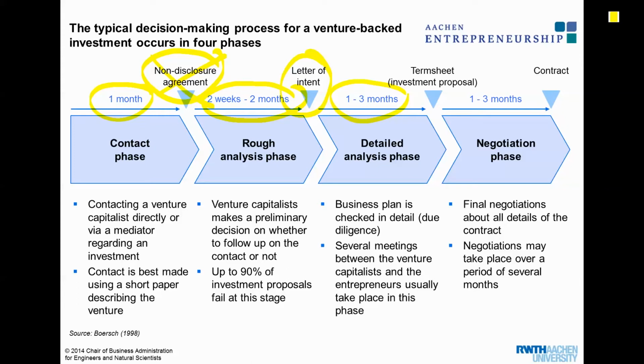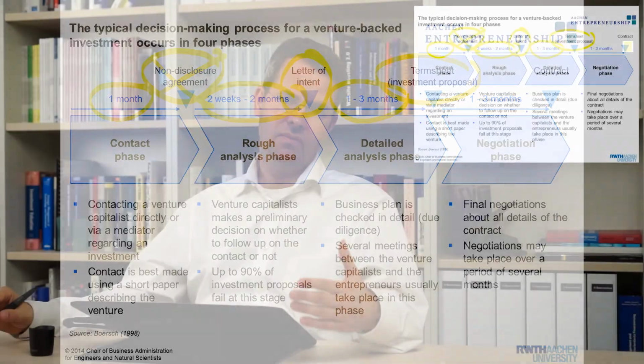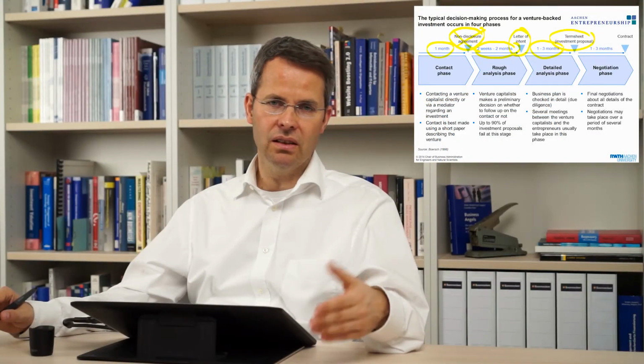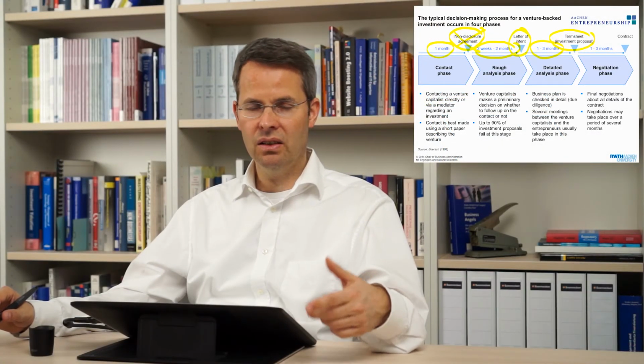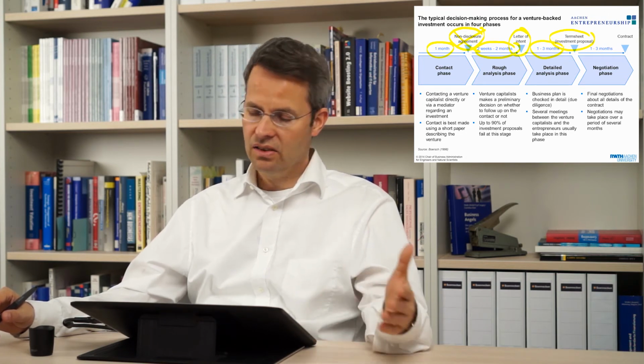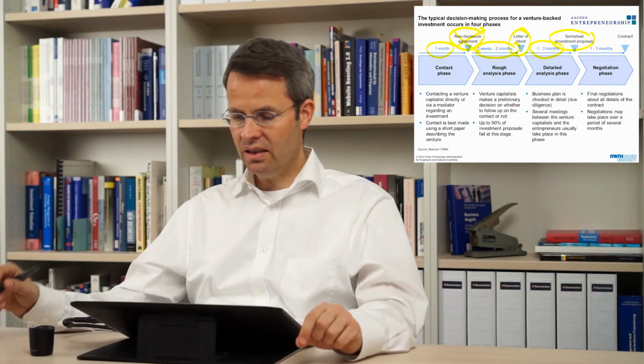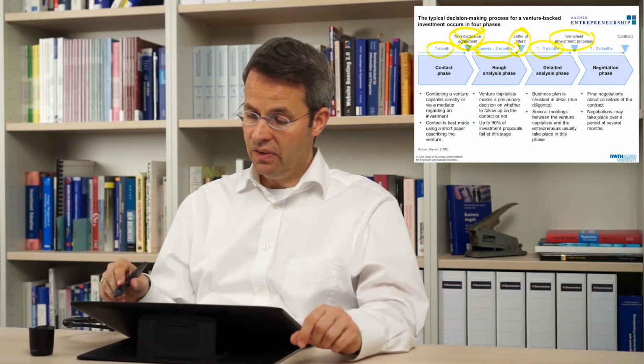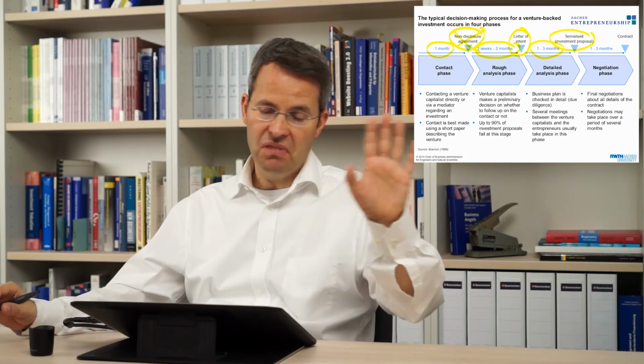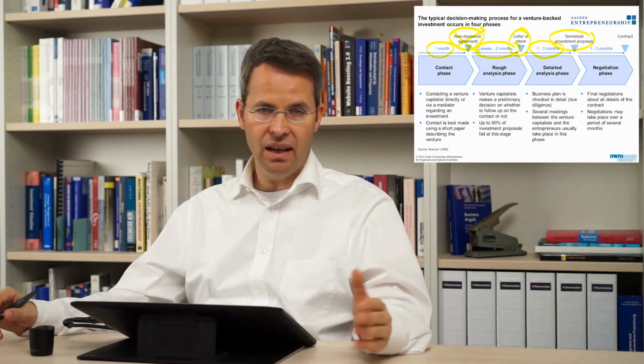And then if the venture capitalist is still interested, he's going to give you a term sheet, which is the investment proposal. The term sheet has the terms of the deal, the valuation, the money he's going to put in, all the contractual details, and so on. And in the very end, you go into the negotiations then. That could be very fast if you just say, it's a nice term sheet, I'm going to sign it.